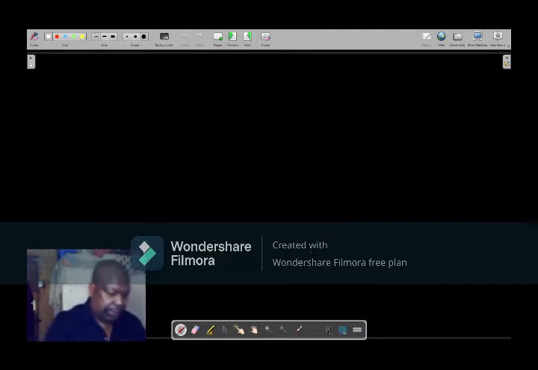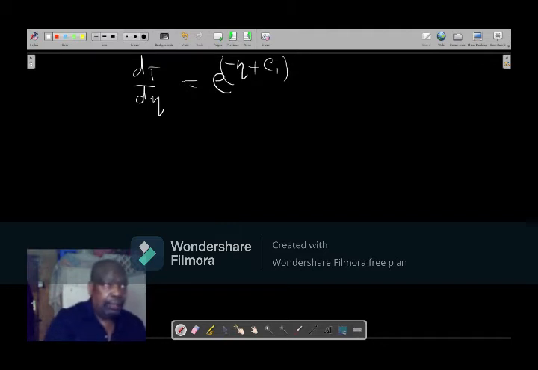So we can say that dt by d eta is equal to e raised to the power of minus eta squared plus c1. This is the same as e raised to the power of minus eta squared times e raised to the power of c1.